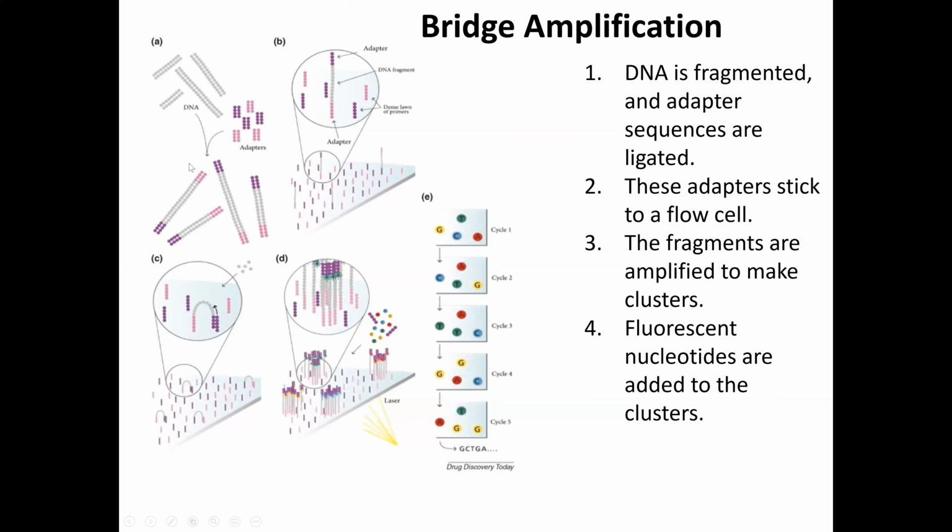The first thing we do when we get these DNA sequences broken up, and this can be done a lot of different ways, you can use restriction enzymes, or you can use sonication to break them into random pieces, is ligate, or glue, these adapters onto each end.